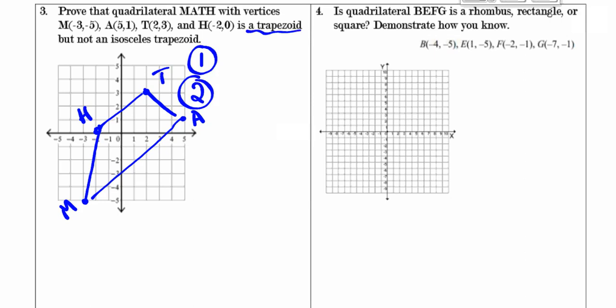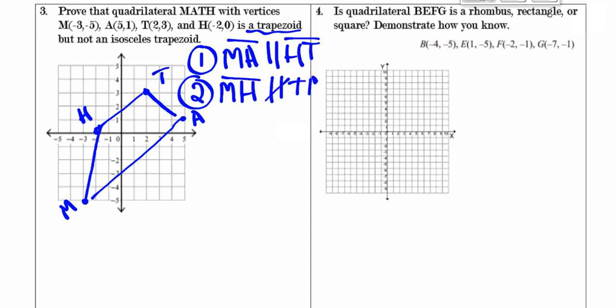That's definitely going to be MA and HT. So I'm going to try to show that MA is parallel to HT. I'm also going to show that MH and TA are not parallel. That would show that it's a trapezoid.